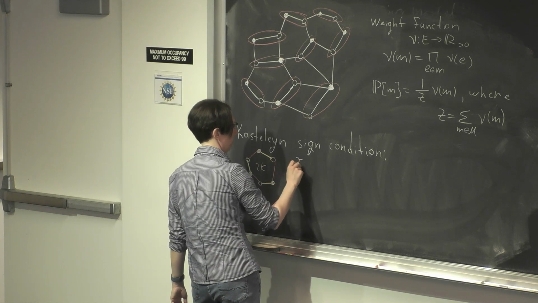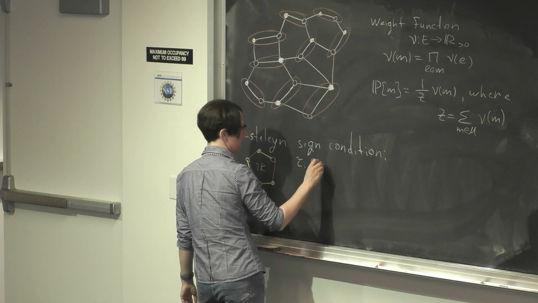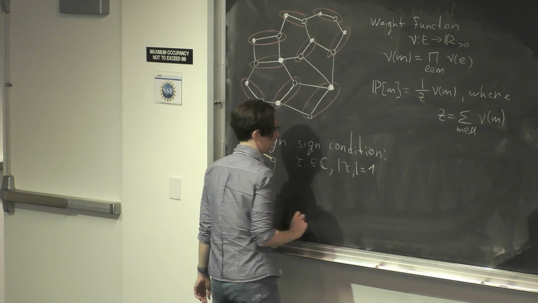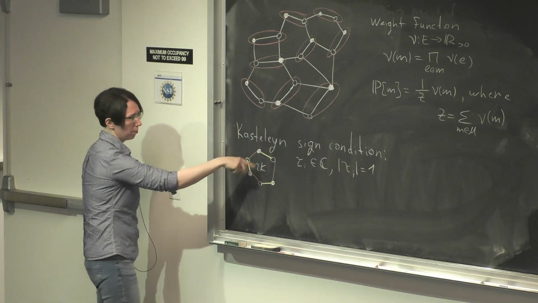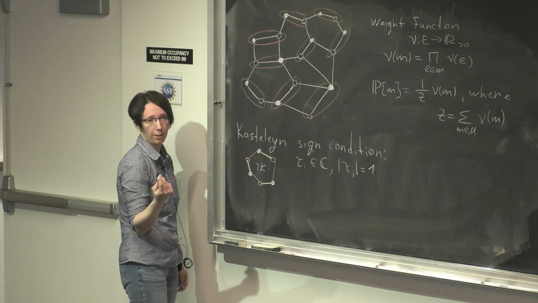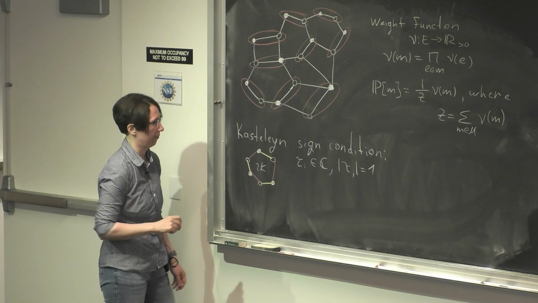I'm going to deal with tau i, complex numbers with absolute value equal to 1. And what we want is that the alternating product around each face is plus or minus 1, depending on the degree of the face.